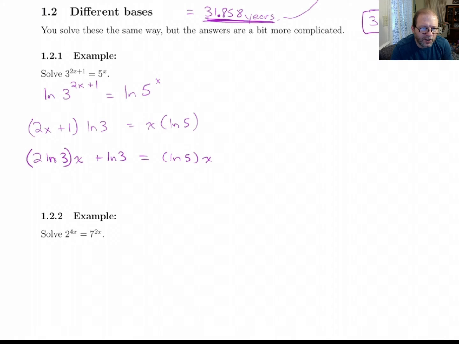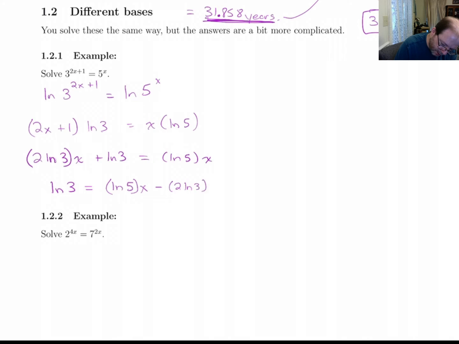So we want to get all of our x's on one side and all of our non-x terms on the other. So I think what I want to do is move this over to that side, and that way we'll have both the x terms on there. So that's going to leave me with ln 3 over here equals ln 5 times x minus 2 ln 3 times x.